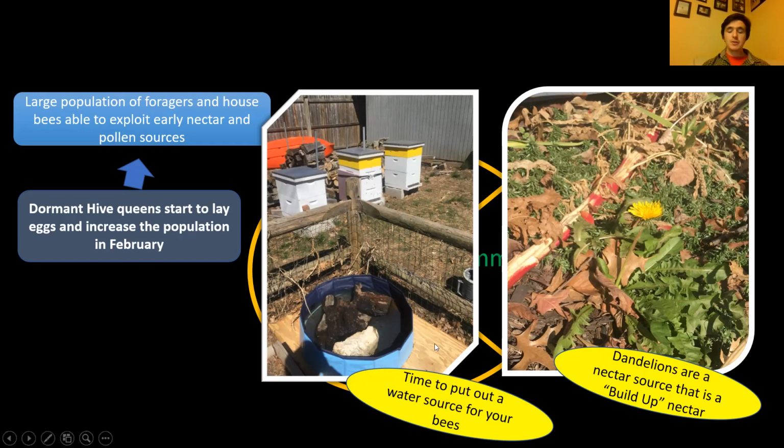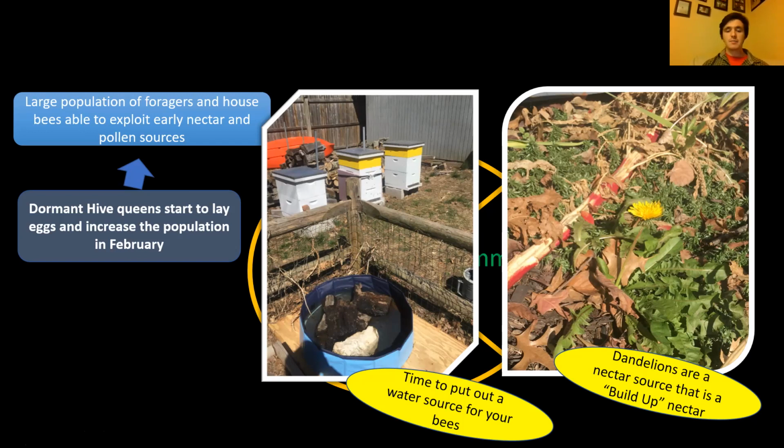This is also the time, if you're a second-year beekeeper, that you want to put your water source out. When people still have the covers on their pools but it's a little bit warm, that's when you get your water sources out, because if the bees find a water source in early spring, they'll use it throughout the entire season.